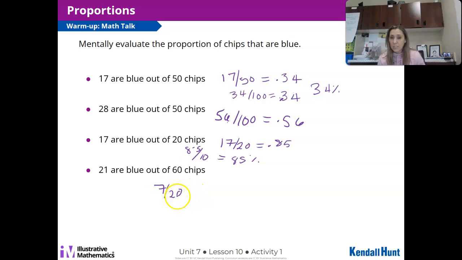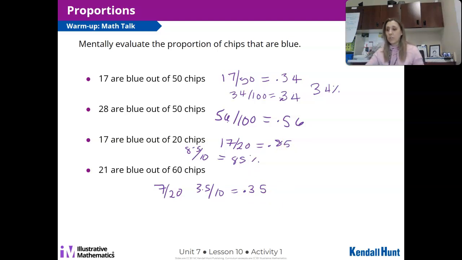So 10 and 3.5. So then we can do 3.5 out of 10, which is going to give us 0.35, which is 35%. Okay, so that's one way to do it.